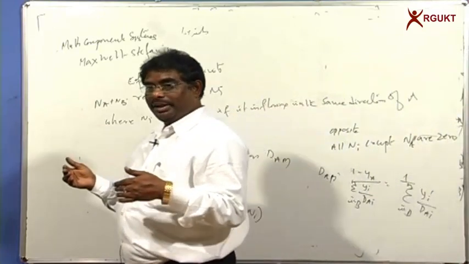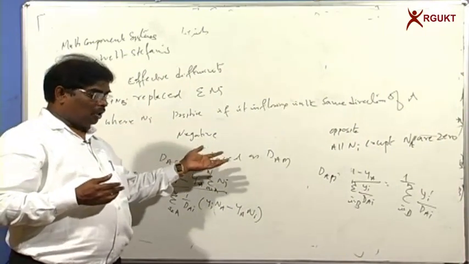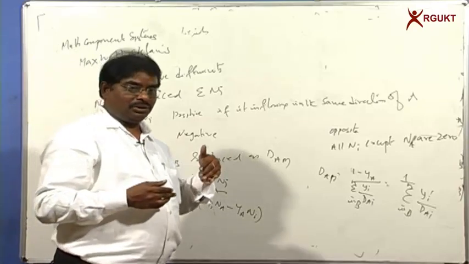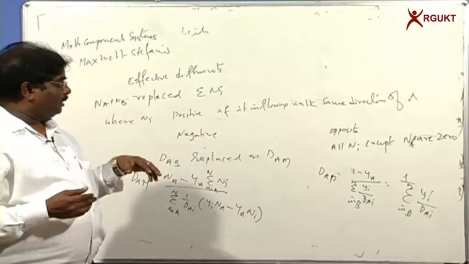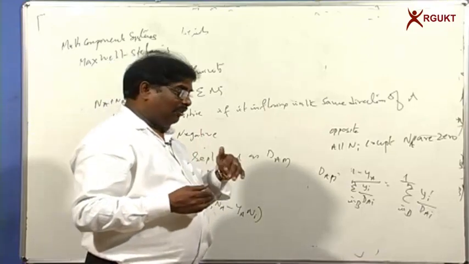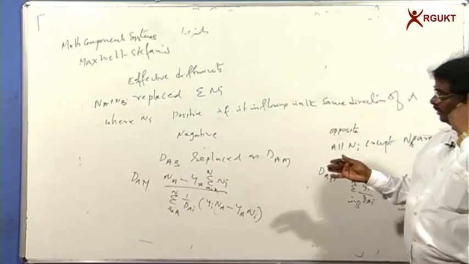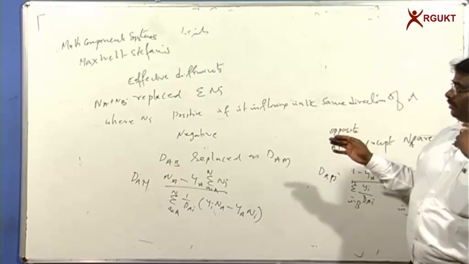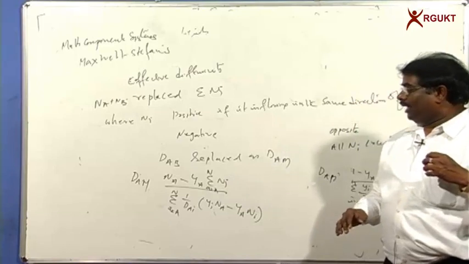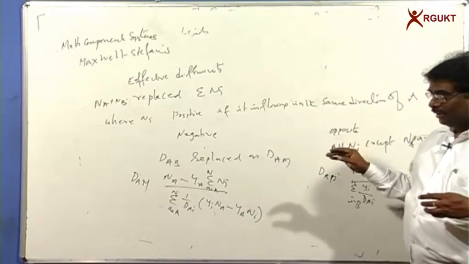This relationship can be obtained from the stoichiometric equation if a chemical reaction is taking place, or from physical processes if you know some sort of enthalpy balance equations. We have two special cases, A through non-diffusing B and equimolar counter diffusion, for which we have simplified expressions. When working with multi-component systems, instead of a simple diffusion coefficient we use effective diffusion coefficients for the calculation of the fluxes.